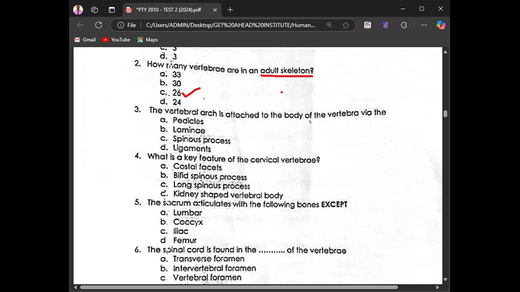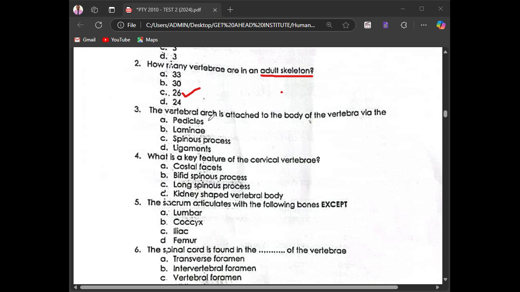Any submission? Okay, so someone is just guessing A.